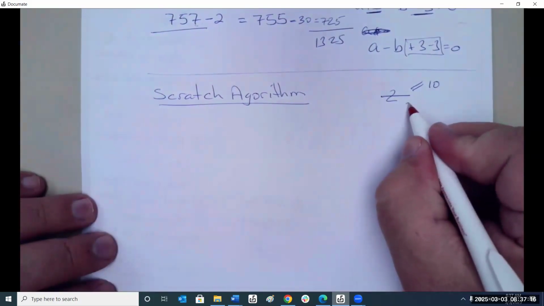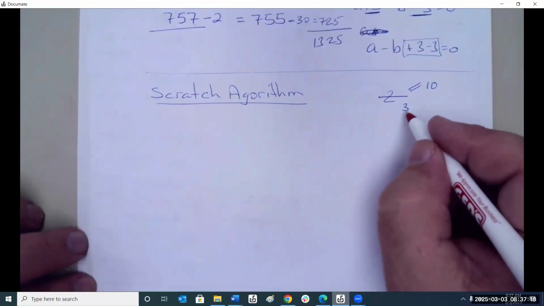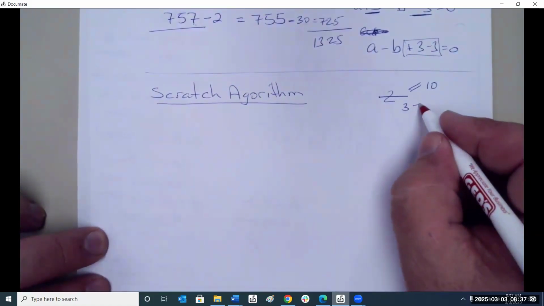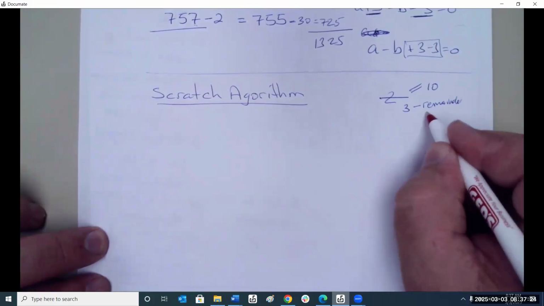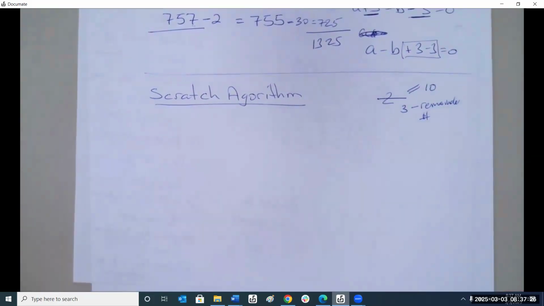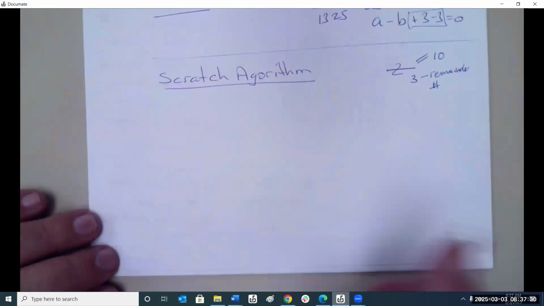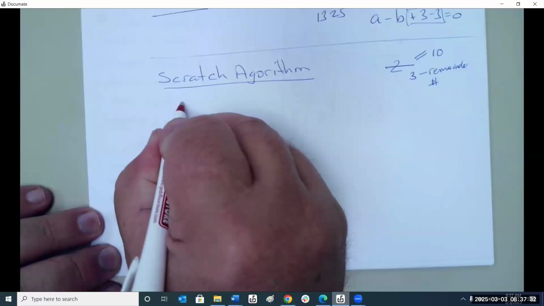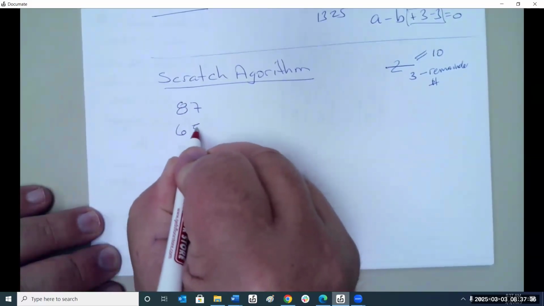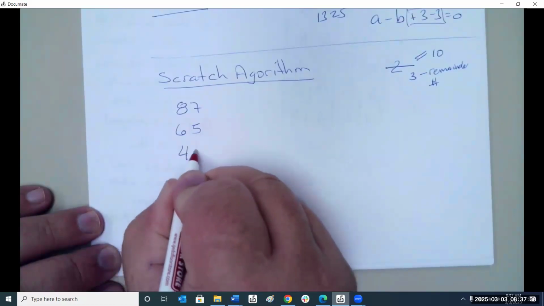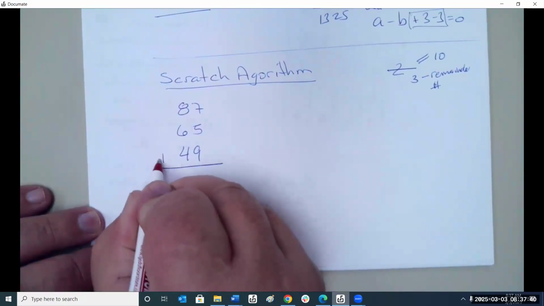And then whatever number here I put on the bottom right, that's the remainder. That's the number I'm dealing with. I'll show you what that means in a second. So let's add these numbers. 87, 65, 49.